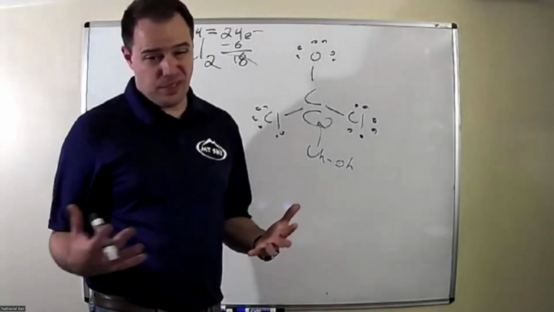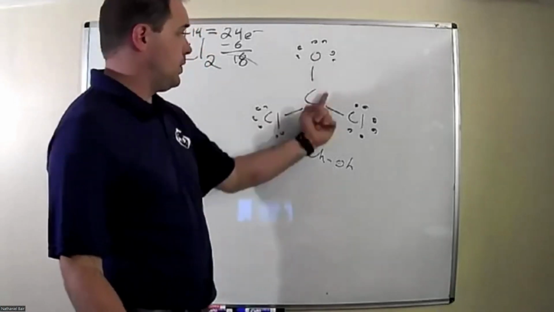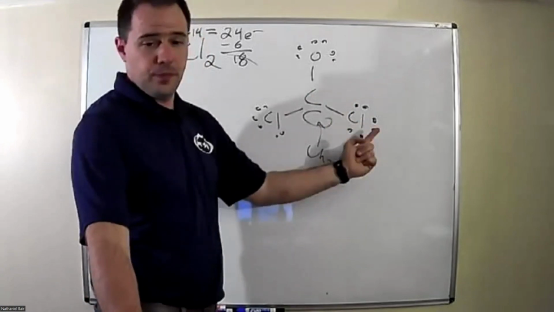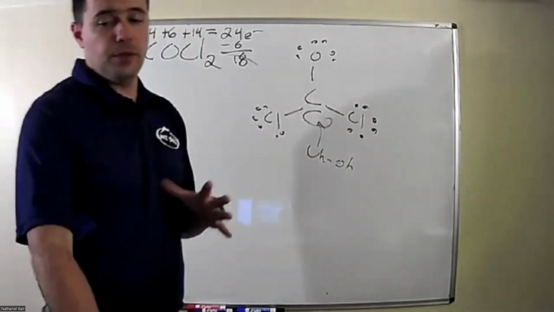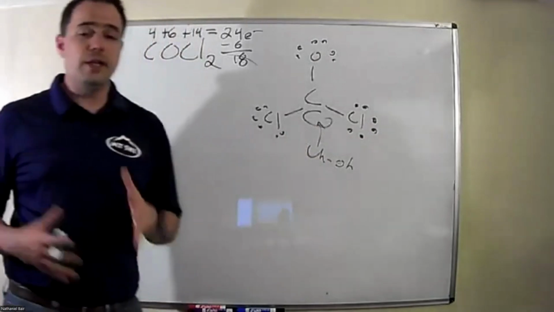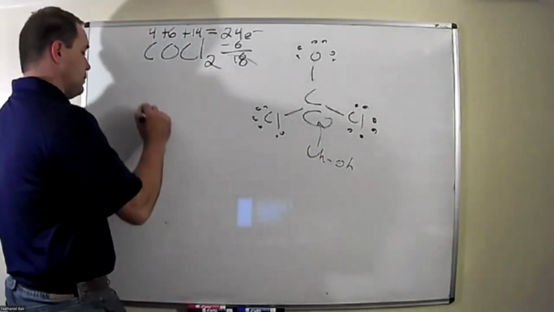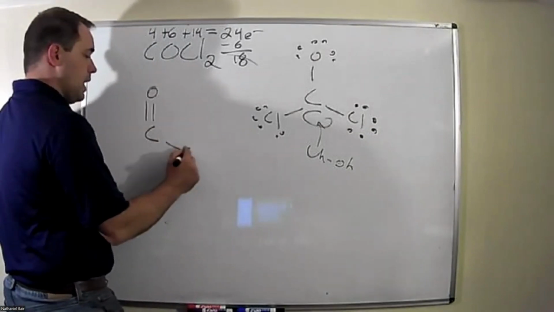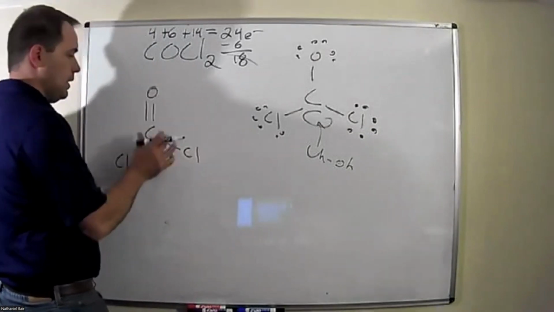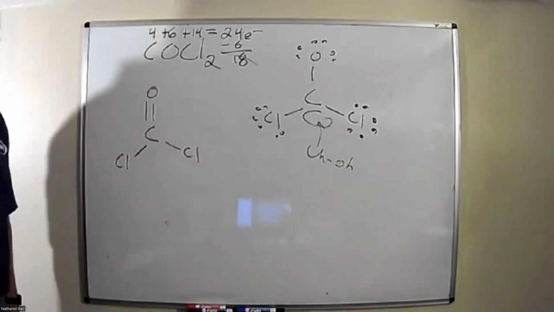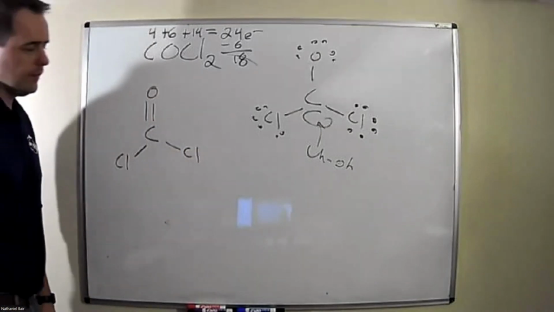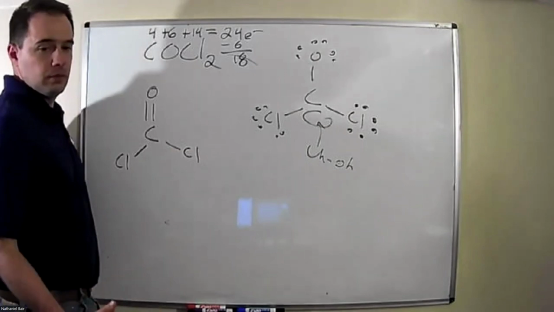Where do I add that bond? You got 3 options. You can put it here, you can put it here, or you can put it here. The answer is, for now, until we learn formal charge on Monday, nature loves symmetry. The correct place to put it is going to be between the carbon and the oxygen. Like that. Why?